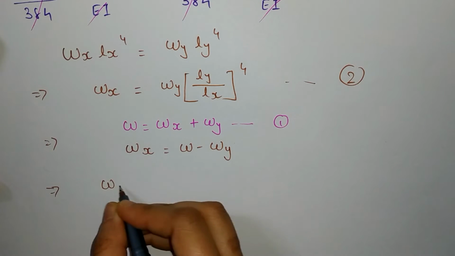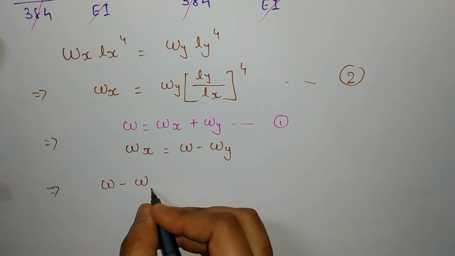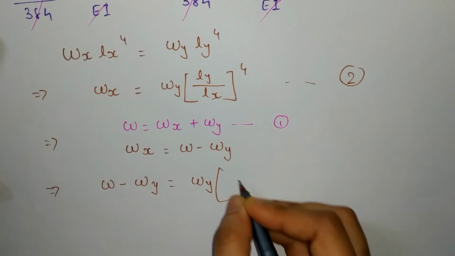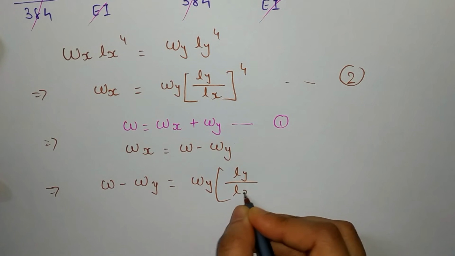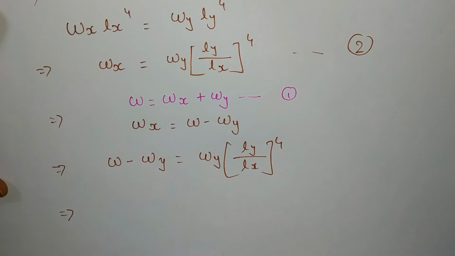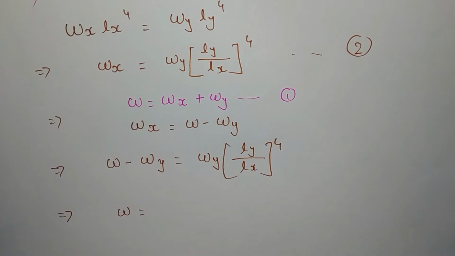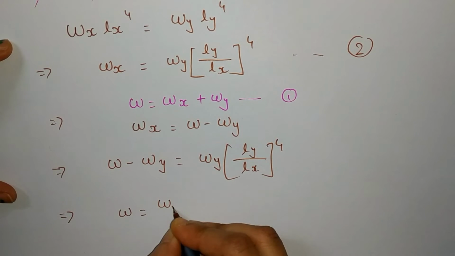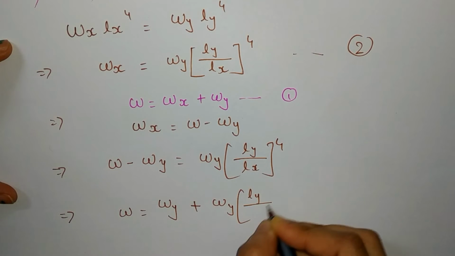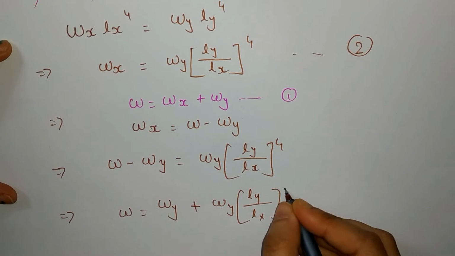It will be W minus Wy is equal to Wy Ly upon Lx raised to 4. Then W will be Wy plus Wy Ly upon Lx raised to 4.